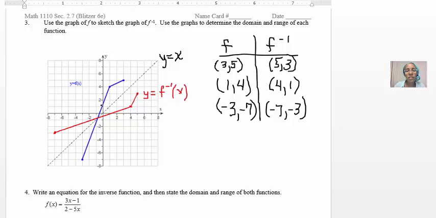Another thing is the y-intercept of f reflects and becomes the x-intercept of f inverse. The x-intercept of f reflects to become the y-intercept of f inverse. So those are some of the relationships.